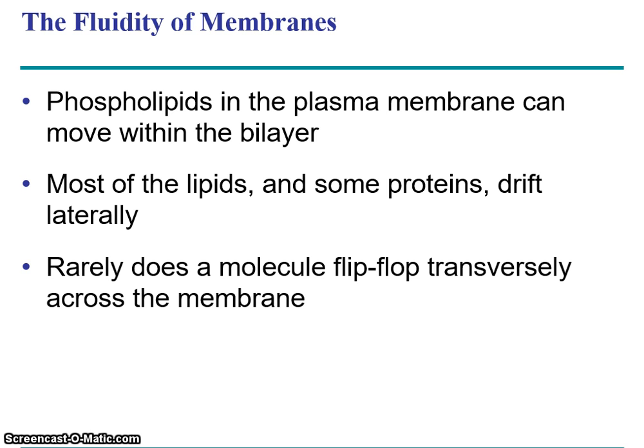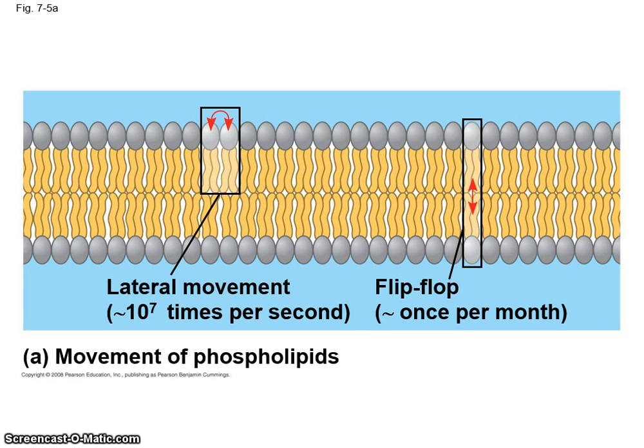So the phospholipids can move laterally within the cell membrane. They never really flip-flop across, because that would mean that the hydrophilic regions would have to cross over into hydrophobic areas, which is a no-no. But the phospholipids can move laterally, so they will move around and move places.